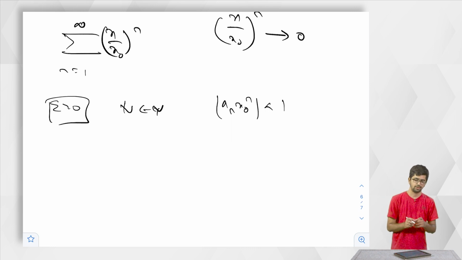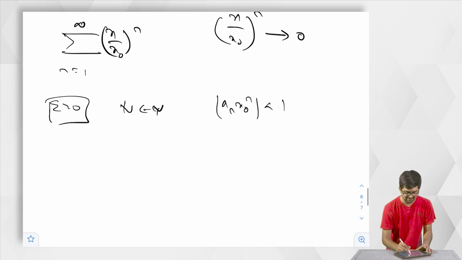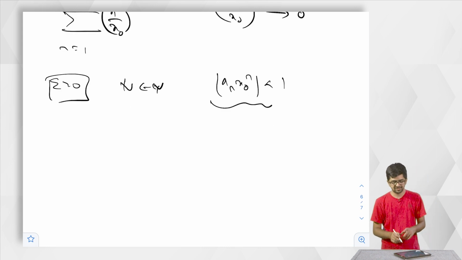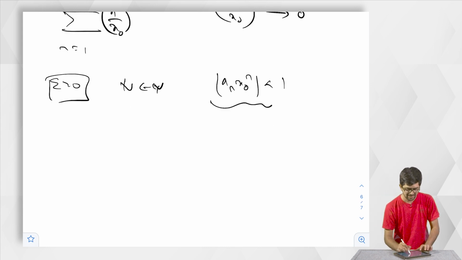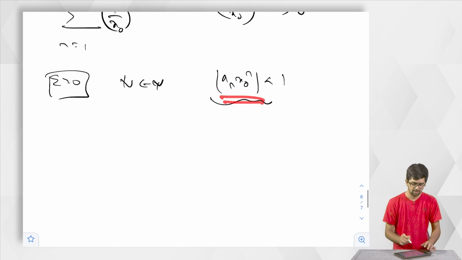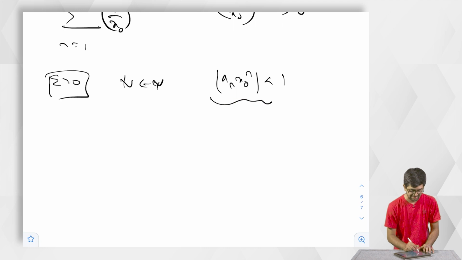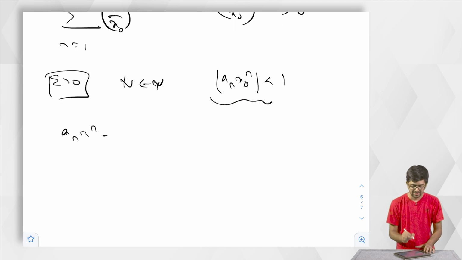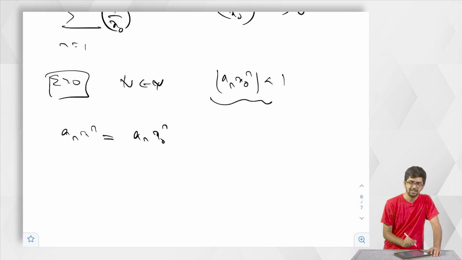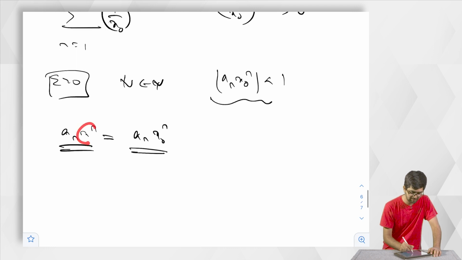Now, starting from here, we are trying to somehow reach a_n x^n. So we are trying to compare a_n x0^n with this. We need a further trick. The trick is the following: we write a_n x^n in terms of a_n x0^n, but these are not the same, of course, right? There is x here, there is x0^n here.